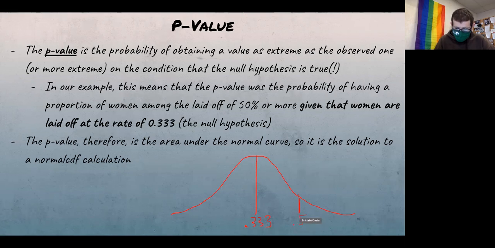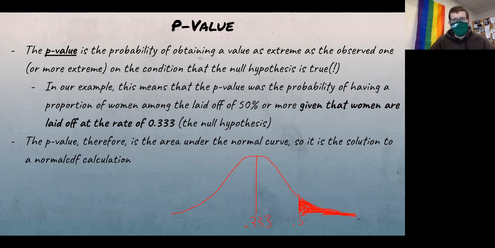And 50% or more extreme represents this area. Is this outcome of 50% or more unusual enough that we would call this a result of bias? Or is it common enough that we would say it's probably random chance? Is that making a little bit of sense?